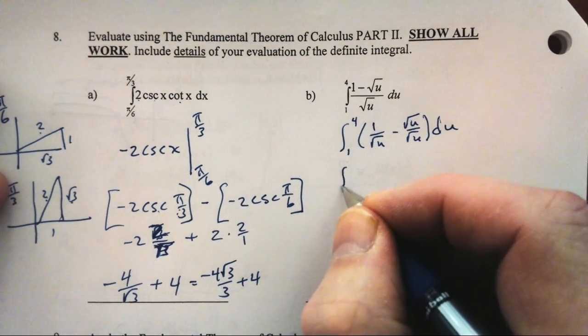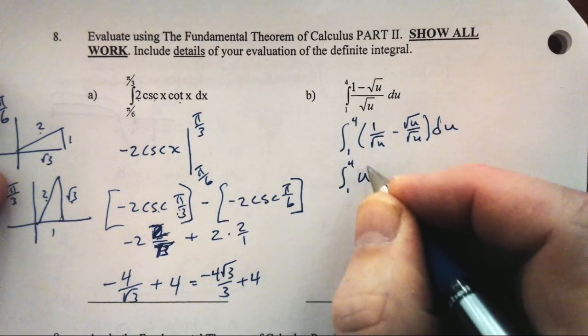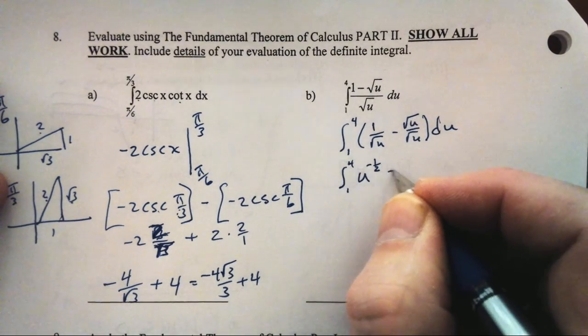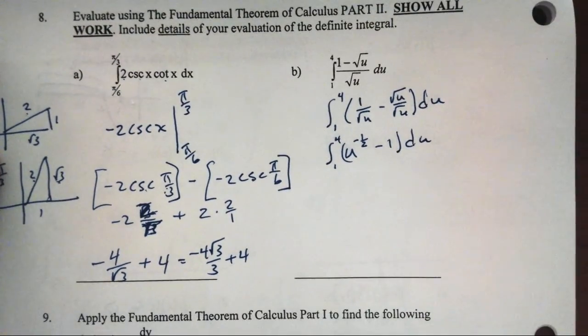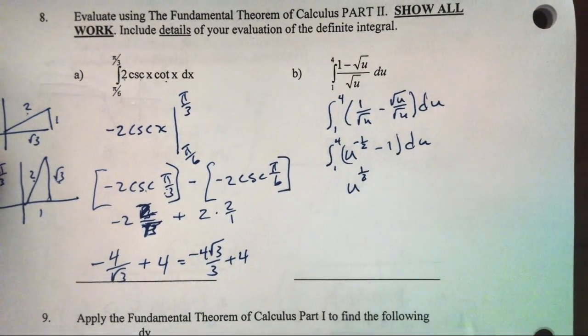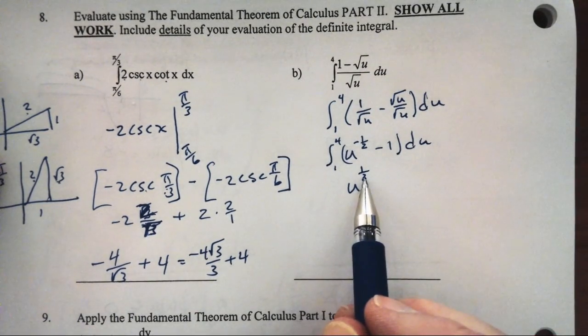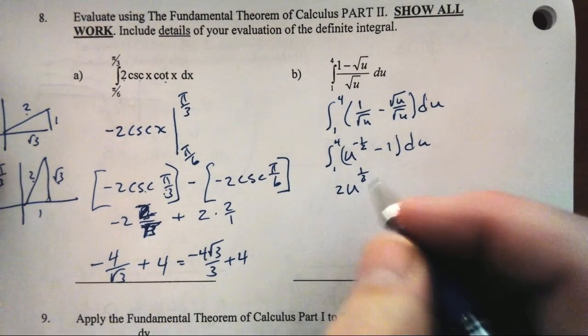I'm going to just write this for integration purposes as u to the negative 1/2 minus 1 du. So if I end up after taking a derivative with u to the negative 1/2, I must have started with u to the 1/2. But the derivative of u to the 1/2 is 1/2 u to the negative 1/2. So I need to cancel out the 1/2 with the times 2.